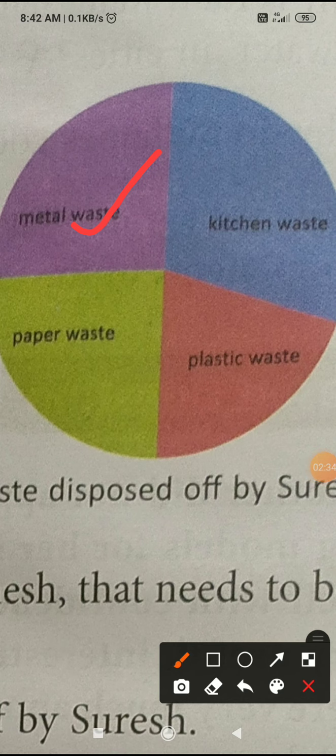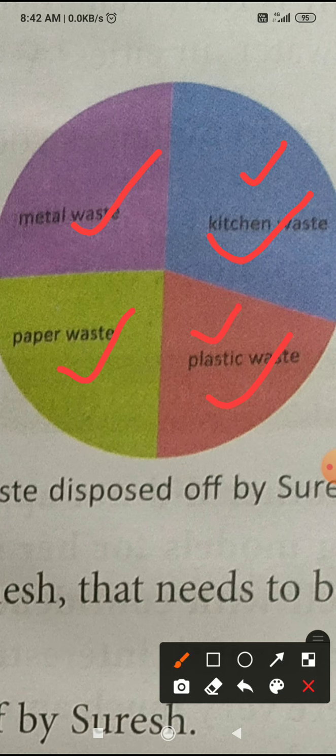Metal waste, kitchen waste separately, paper waste separately, plastic waste separately. So what is the difference between the waste disposed of by Ramesh and Suresh? It means in the case of Suresh, he segregated kitchen waste and plastic waste separately.